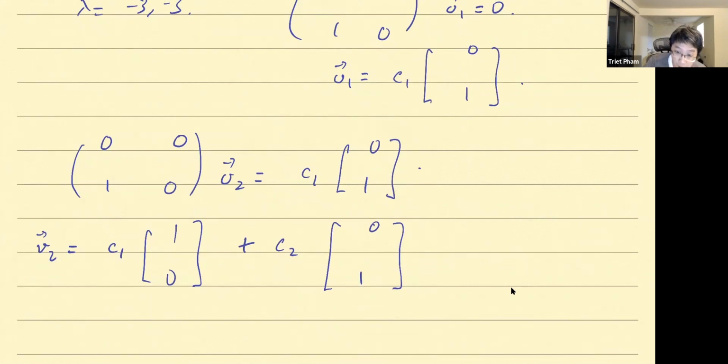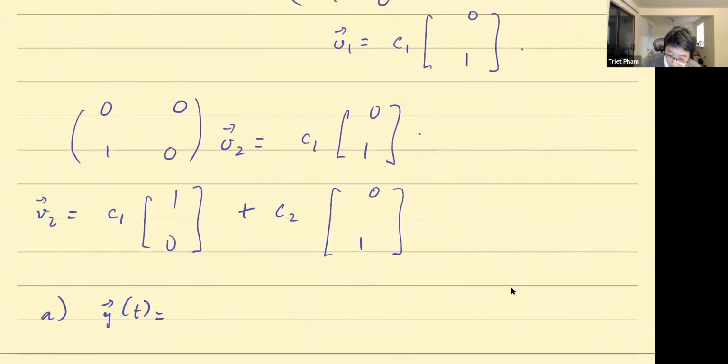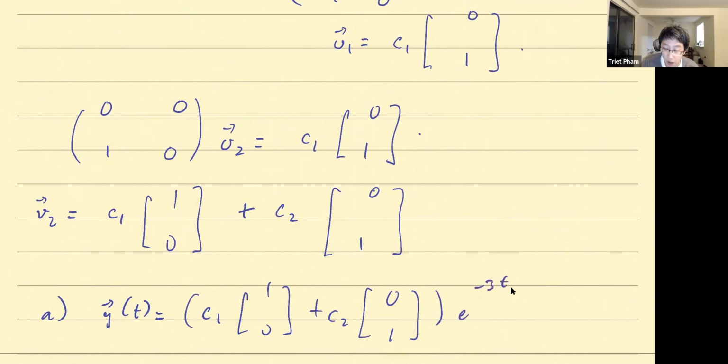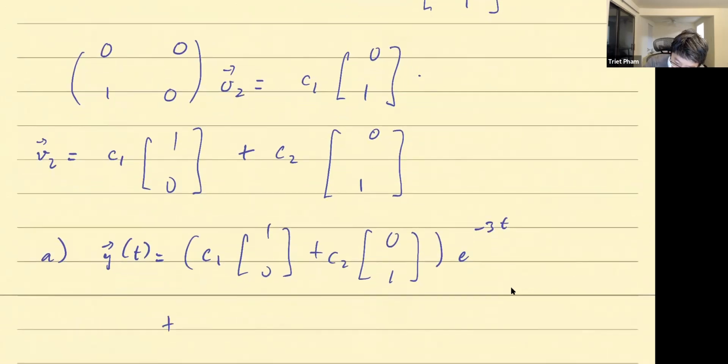Part A, the general solution, would give you an answer like this. My answer would be the pseudo eigenvector times e to the minus 3t, plus the eigenvector times t e to the minus 3t. That's my answer.